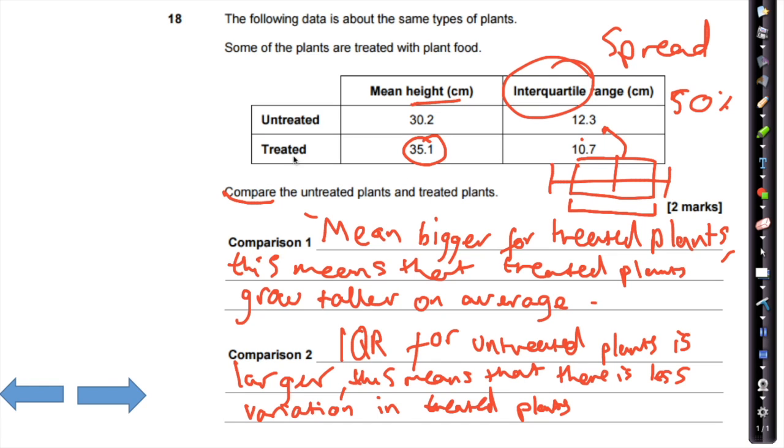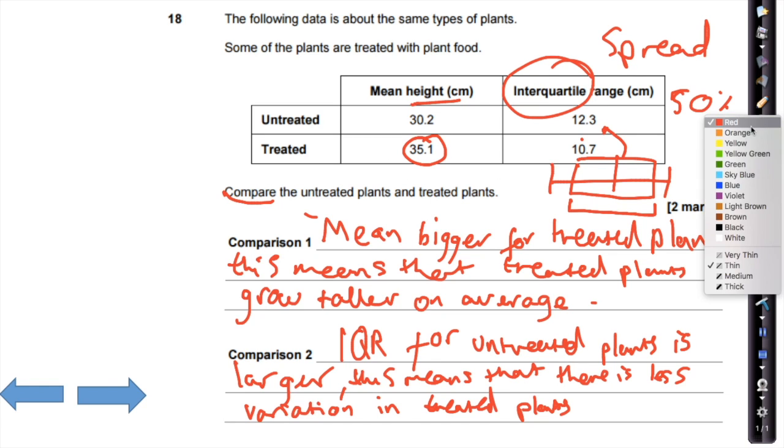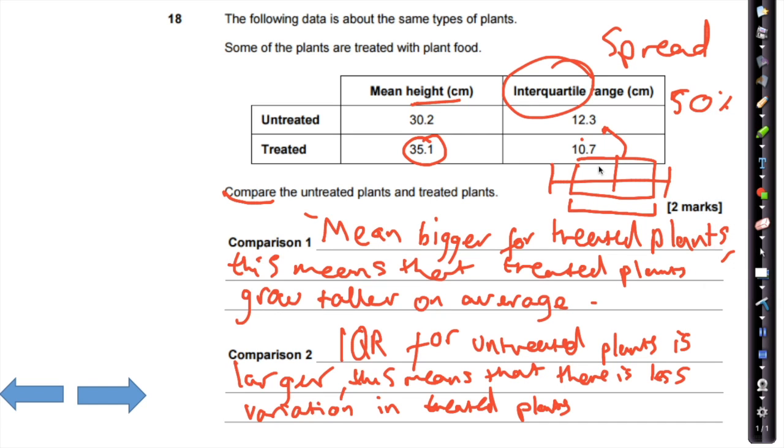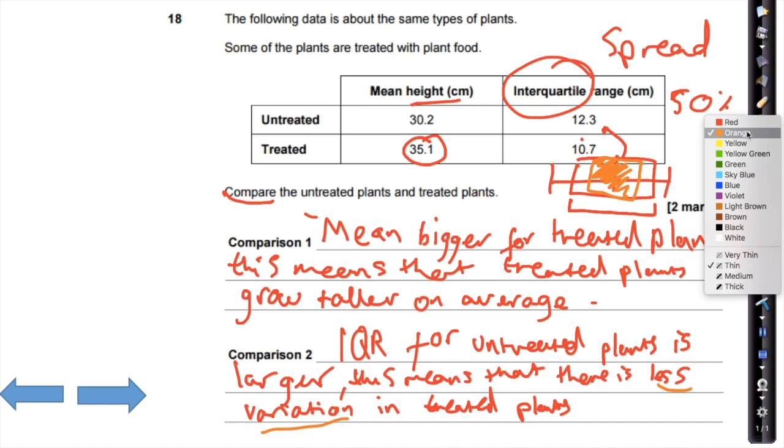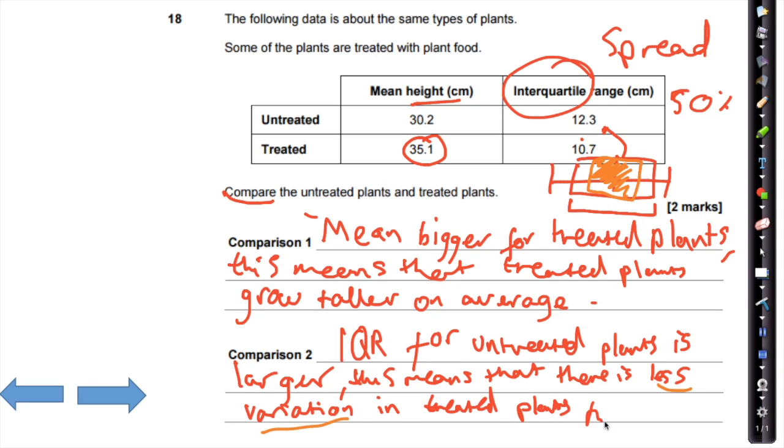So, for example, if I do it in a different color, our treated plants might, if we're talking about the same higher and lower value, might have an interquartile range which is something like this. So it might be something inside there. So this means that there is less spread out data, meaning that there is less variation in treated plants, and what I should probably say is heights here.